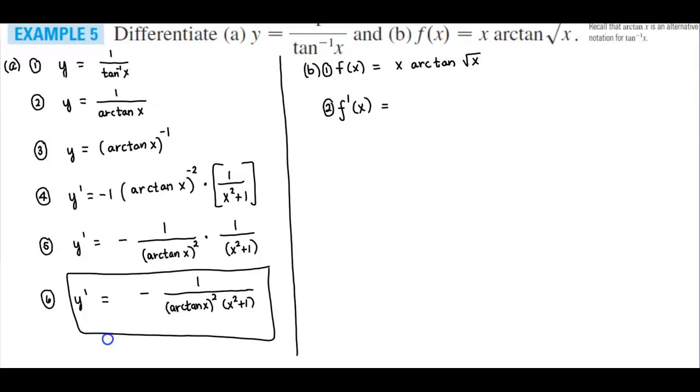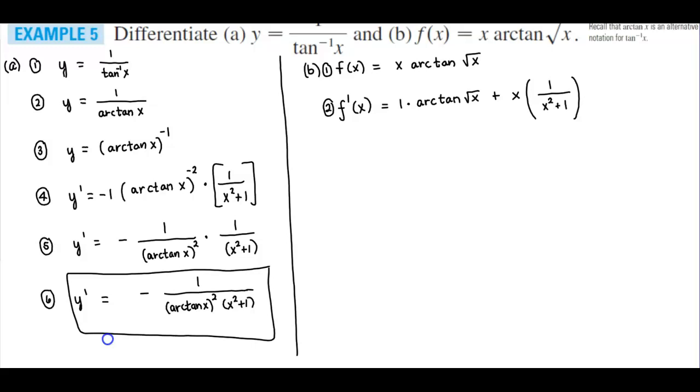we're going to be using the product rule, so we have the derivative of x, which is 1, times the arctangent of the square root of x, plus we're going to take x and then multiply it by the derivative of the arctangent of x. Well, remember that the derivative of the arctangent of x is the following. It's going to be 1 over x squared plus 1.